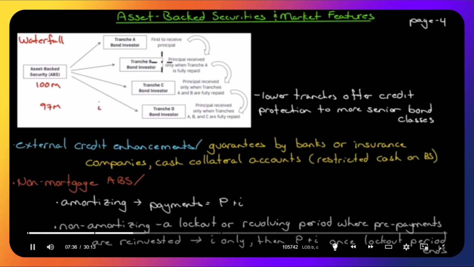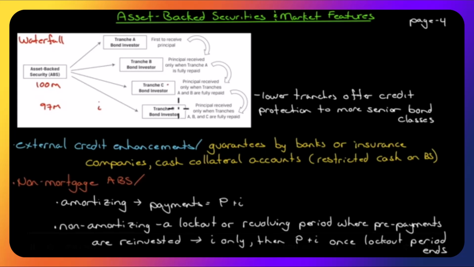The lower the tranche, the more credit risk involved, the higher the coupon on those particular bonds. All principal that's received goes to tranche A first. In other words, as long as tranche A has principal outstanding, B, C, and D get no principal payments per month. They get interest only.